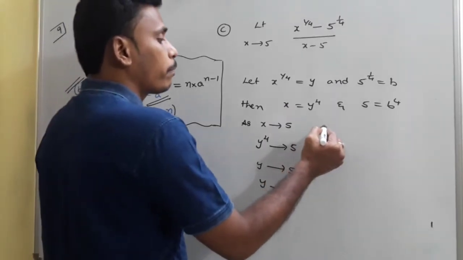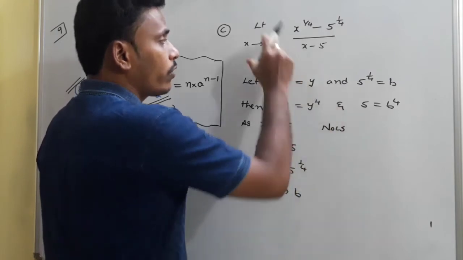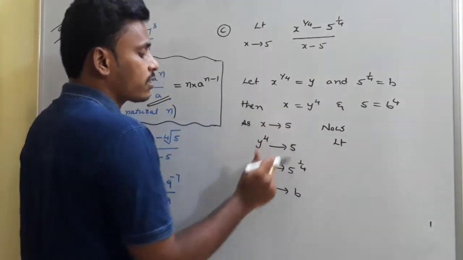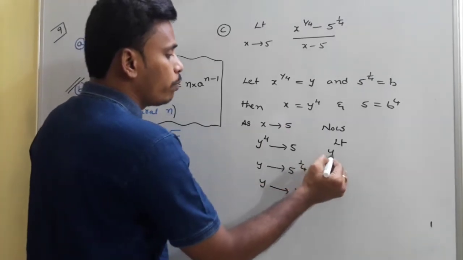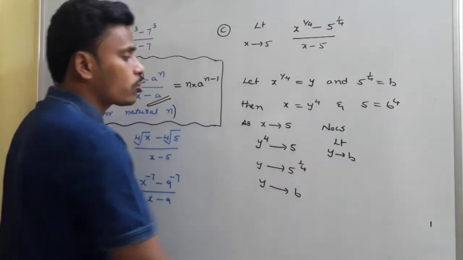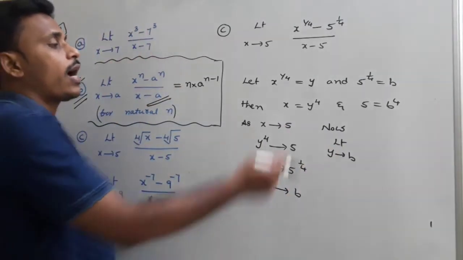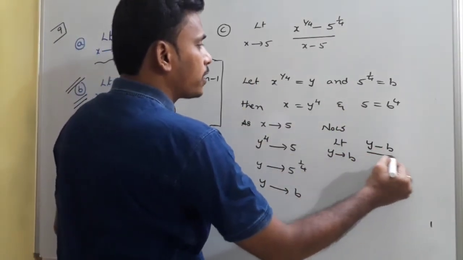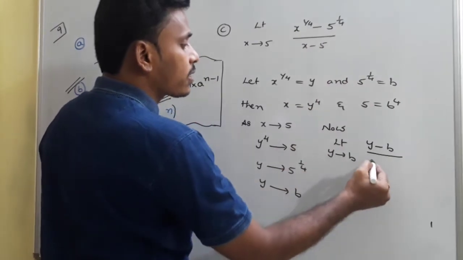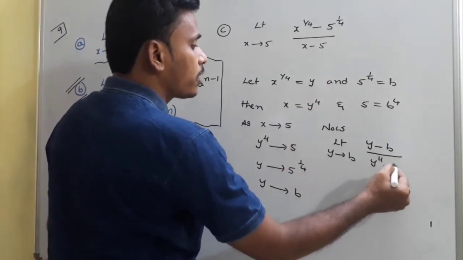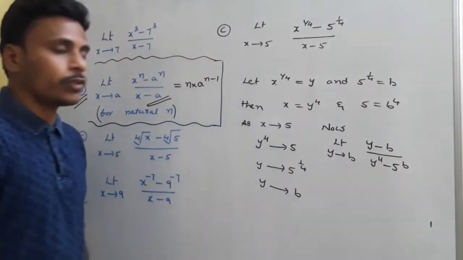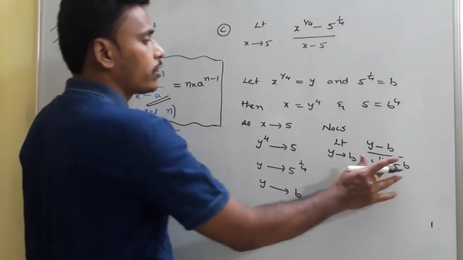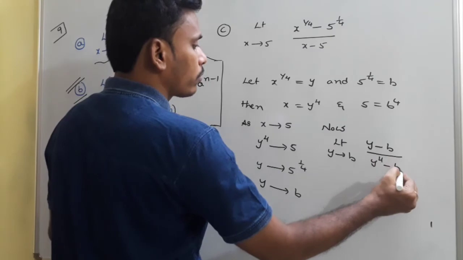Now when you rewrite the problem in terms of y and b, it becomes like this: as x tends to 5, y tends to b. So I replace x tends to 5 with y tends to b, with x power 1 by 4 as y, 5 power 1 by 4 as b, and the denominator x as y power 4, minus 5, which is b power 4.